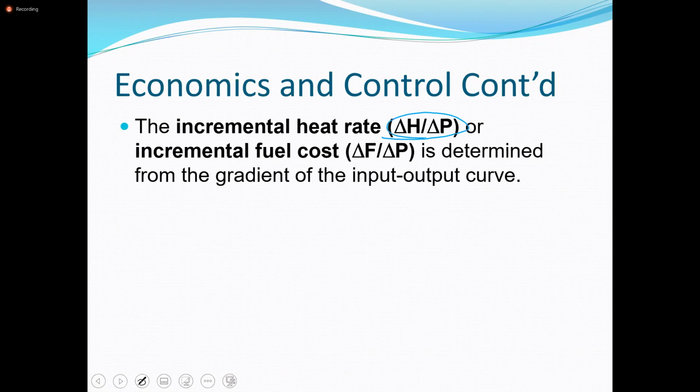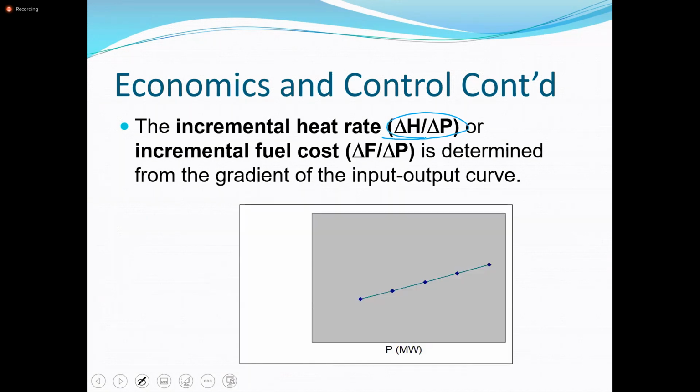And so the incremental cost would have been found as the differential of the cost function. Yes. And then that would be plotted against incremental fuel cost, which would now be in dollars per kilowatt hour or dollars per megawatt hour, or the incremental heat rate in BTU per kilowatt hour.